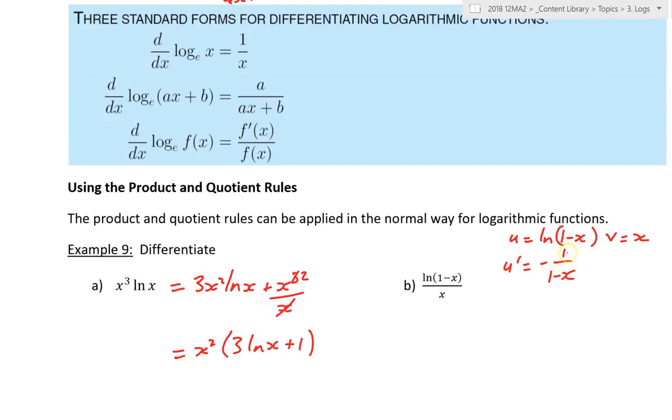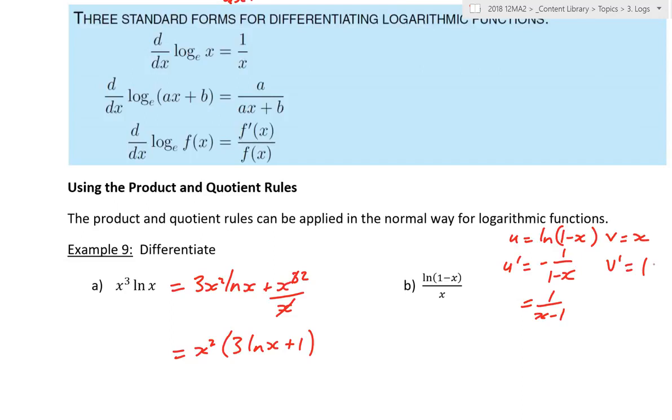The negative goes up there and it becomes a 1. Multiply this by negative 1, I get x minus 1, equals 1 over x minus 1. Just a bit tidier there. And v prime equals 1.